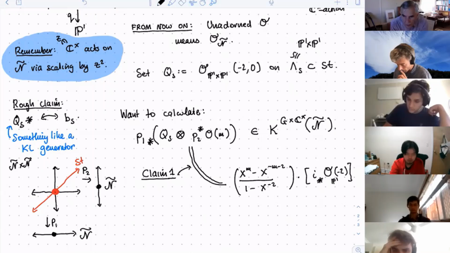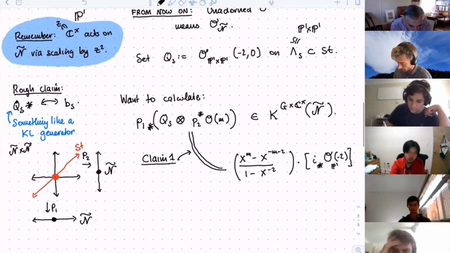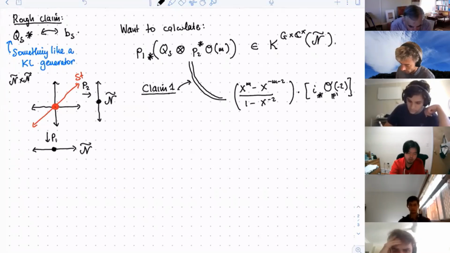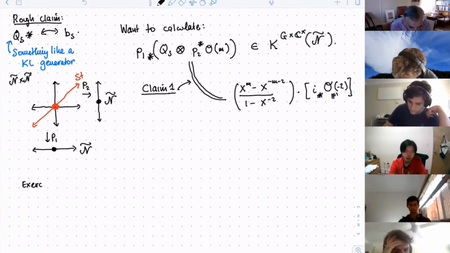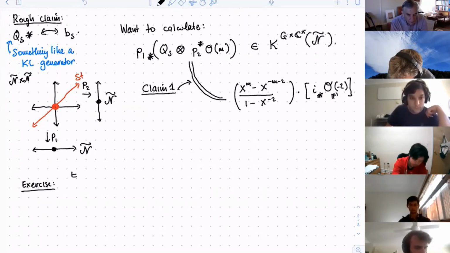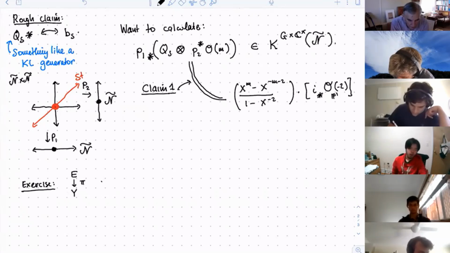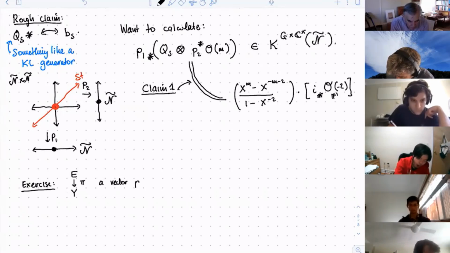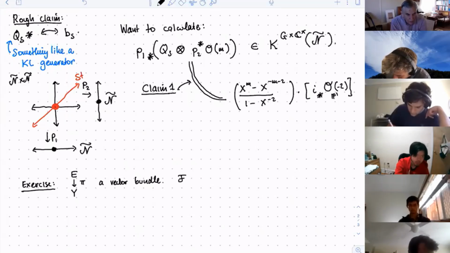But I'll give you a hint as to how to show it. It's really not difficult. So exercise. If we have E on Y, a vector bundle, and imagine that.